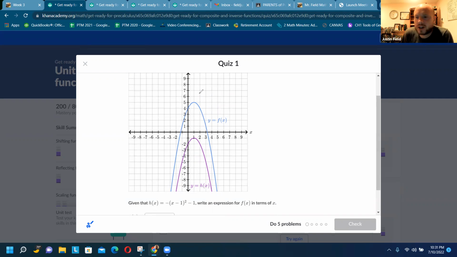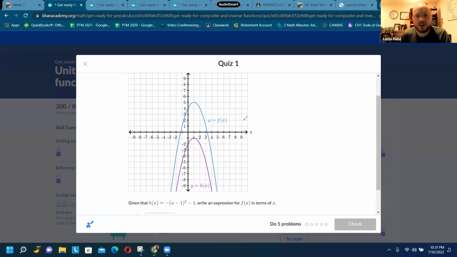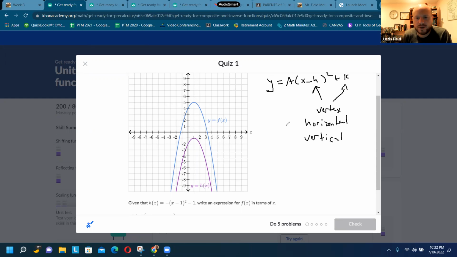I'm looking for two things, the shifting, and we should remember vertex form, a(x minus h) squared plus k, where yes, h and k are the vertex, but they also show the horizontal and vertical shifting, right?